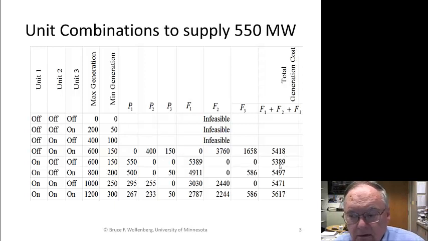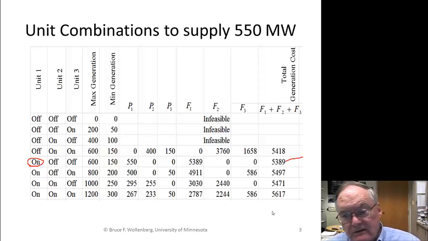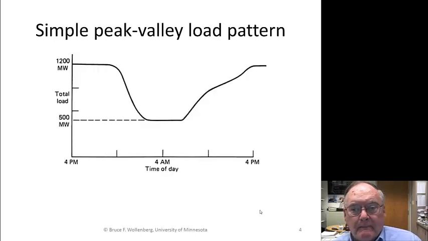So there is the combination that's the least cost, and that says just operate the first generator. That'll give you the least cost to supply that load. Now we'll come back later and we'll say, well, is that the best? In this case, yes, that's the best from a cost viewpoint, but we'll talk about some other effects later.